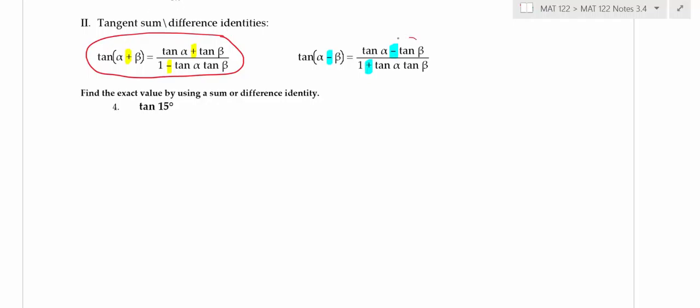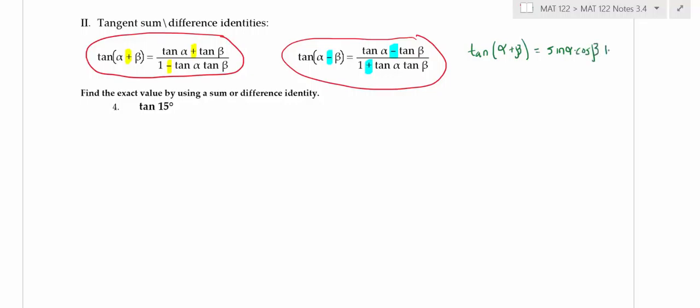Now, just to mention where these things come from, it's actually a pretty good exercise for a student to do. I'm not going to go through the details of this, if I had time I would, but if we wanted to develop this identity, one thing you could do is use the sine identity, which of course is the sine of the sum is sine alpha, cosine beta, same sign, cosine alpha, sine beta.